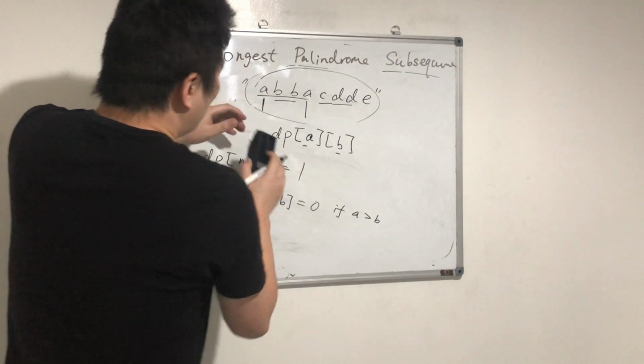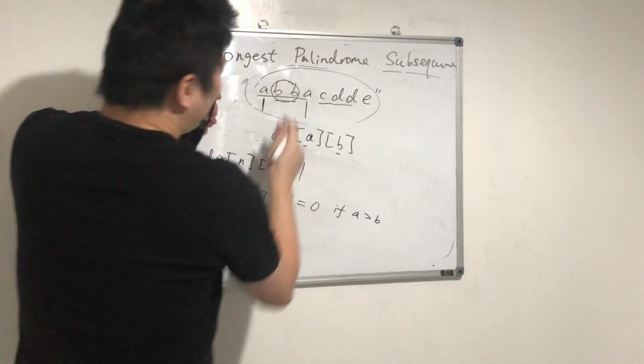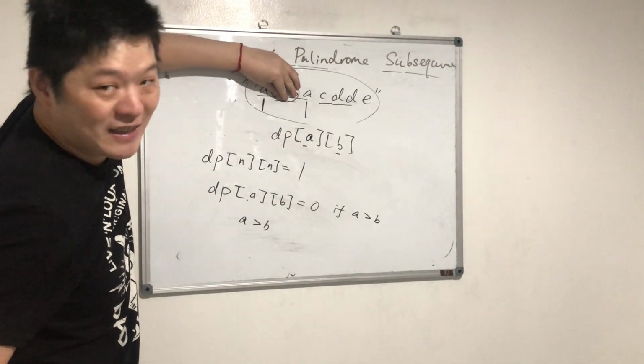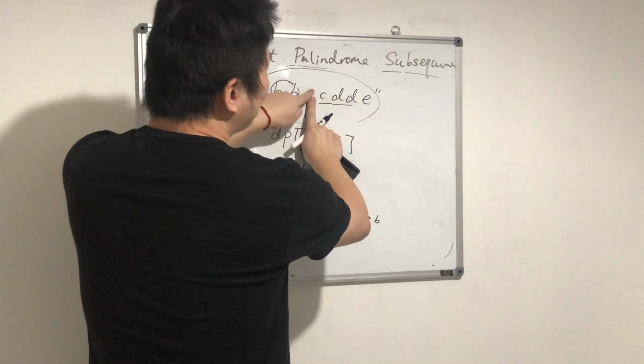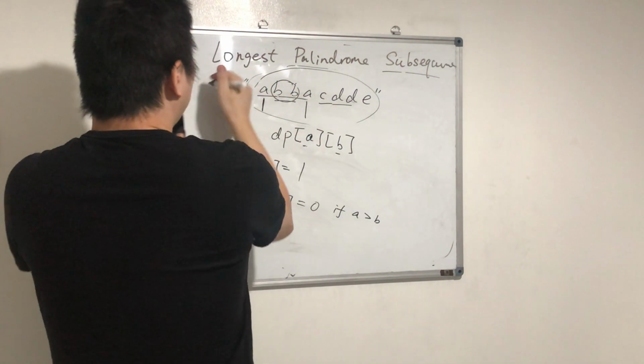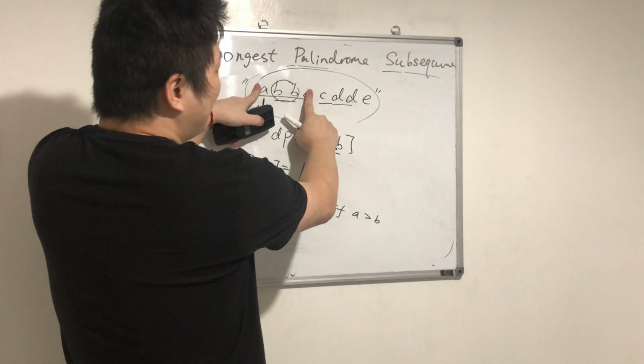Okay, so look, suppose I don't know anything about this, and I have this. So I know A equals A, yeah? The index in the string S, S[i] equals S[j] here, right?